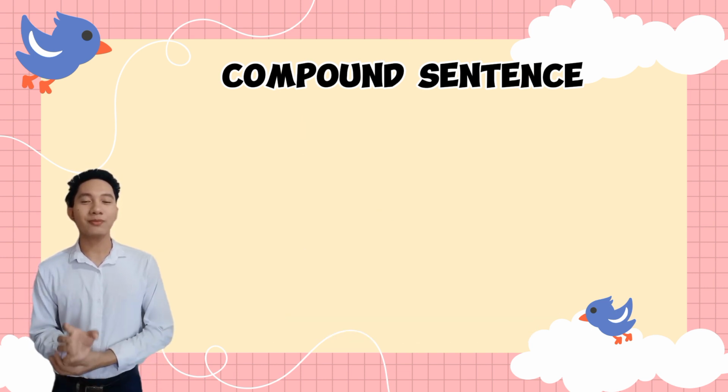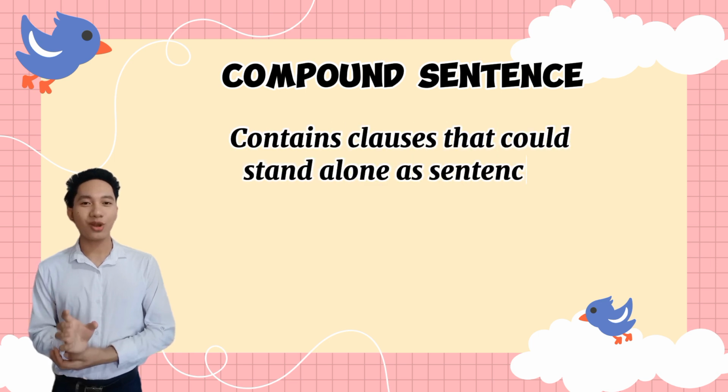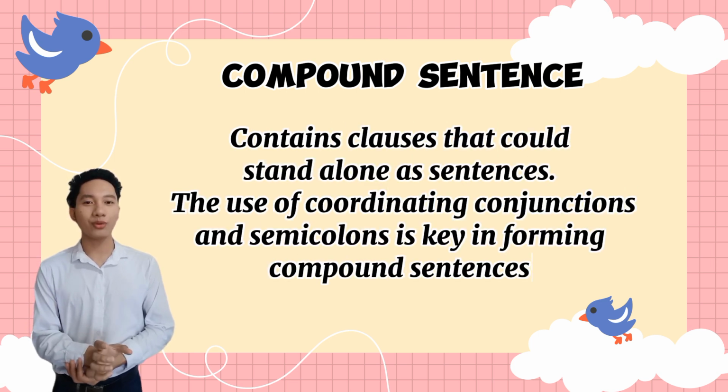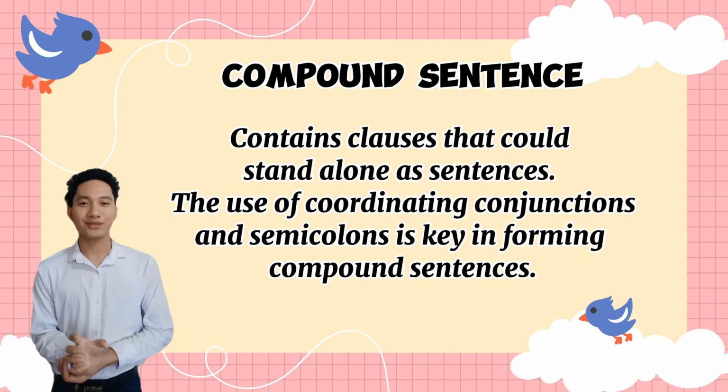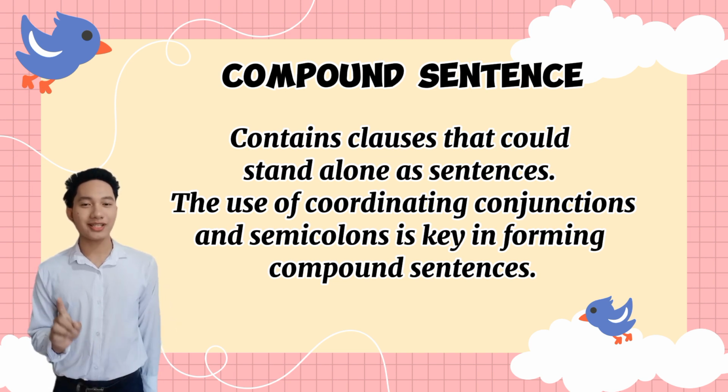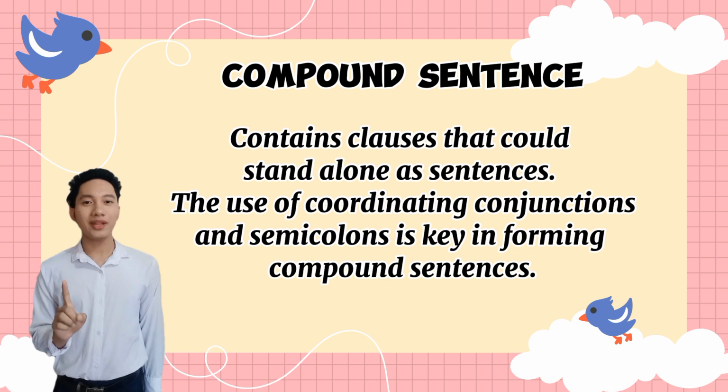So each of my examples contains clauses that could stand alone as sentences. So the use of coordinating conjunctions and semicolons is key to forming a compound sentence. Understand?